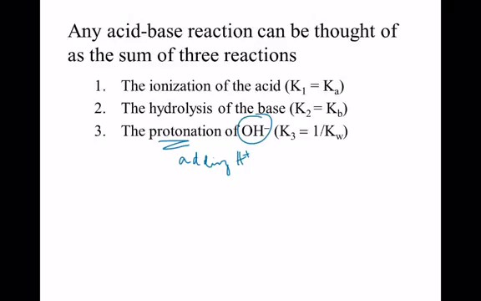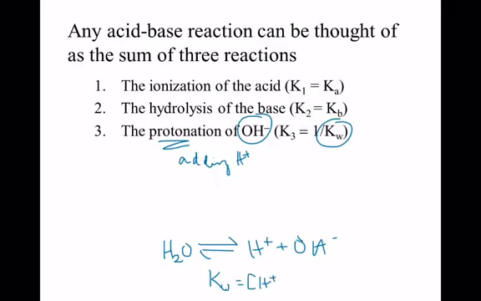So if we're making water, does this make sense? That it is the opposite of destroying water. I don't mean to be dramatic about that, but we said that water auto-ionizes to do this, H+ plus OH-. And we said we could write a K expression, and we're going to call that Kw, equal to [H+][OH-].